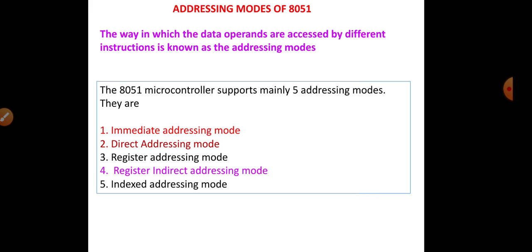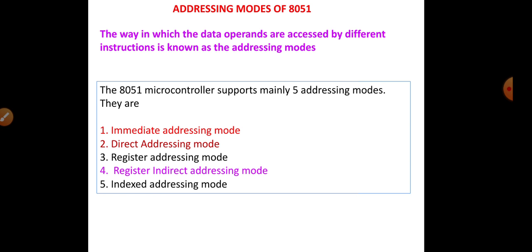The 8051 mainly supports 5 addressing modes. They are immediate addressing mode, direct addressing mode, register addressing mode, register indirect addressing mode, and indexed addressing mode.